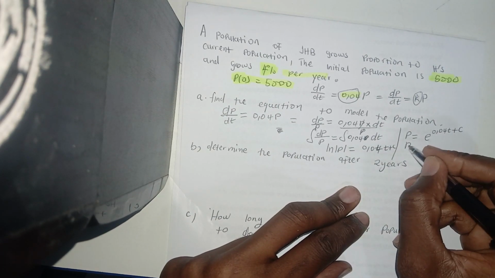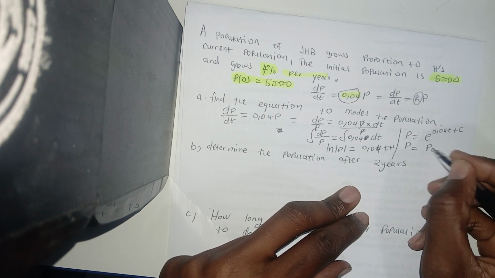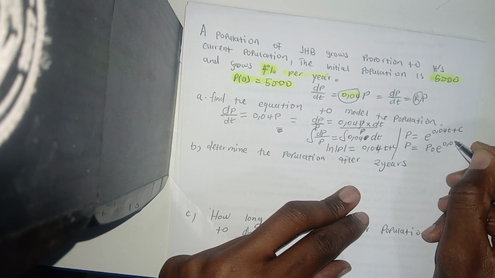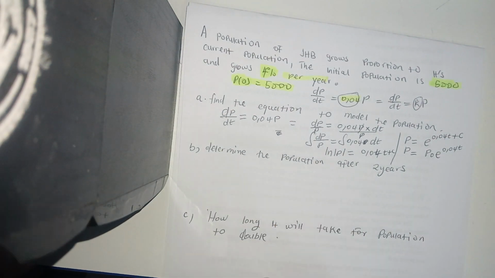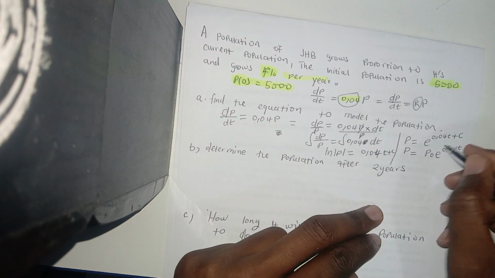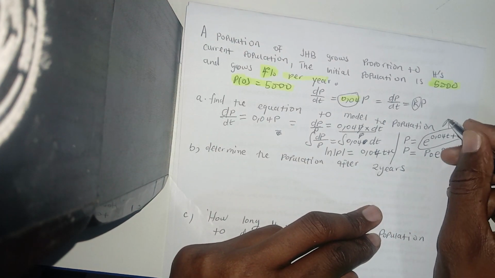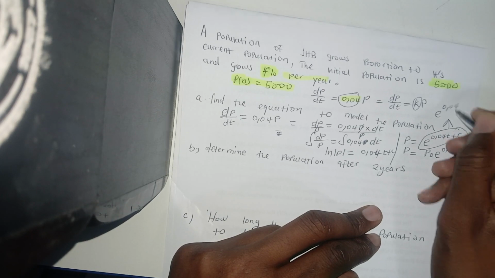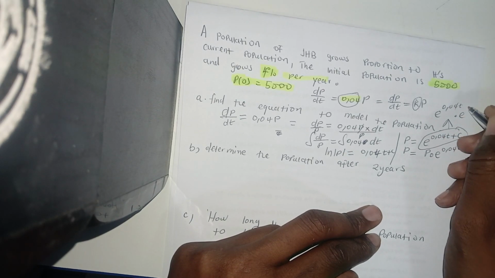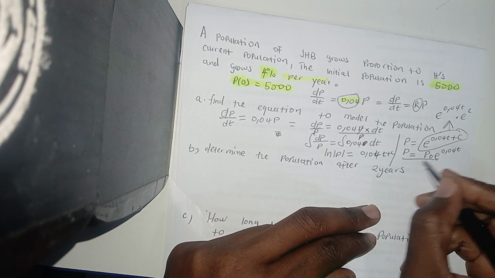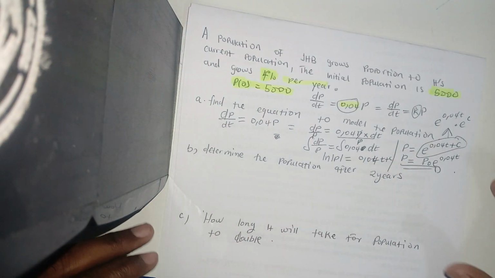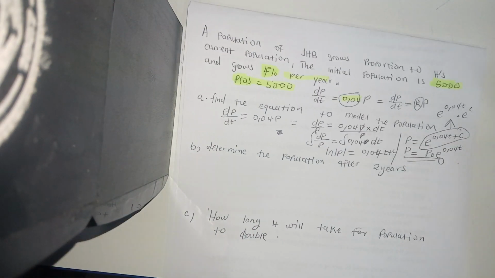So now P is equal to P0 e to the 0.04 t, using that method that I just said, that this is just e to the 0.04 t multiplied by e to the c. So that is how to find the equation that we have to use to deal with this entire question.